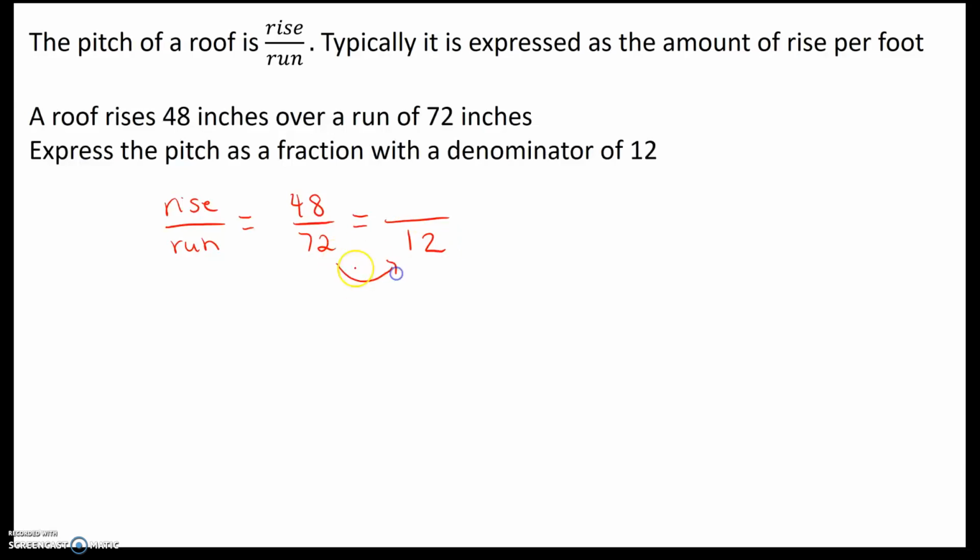To make an equivalent fraction, we scale the numerator and denominator by the same amount. 72 divided by 6 is equal to 12, so to get our new numerator, we must divide 48 by 6 as well. That gives us a numerator of 8. Therefore, the pitch is 8 by 12.